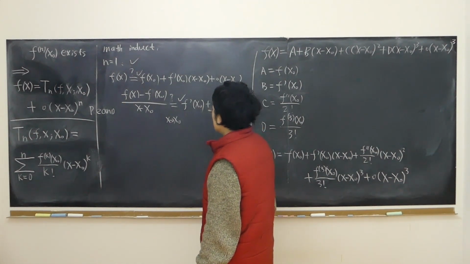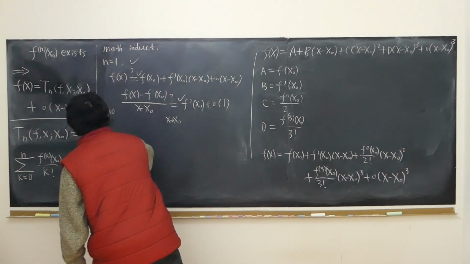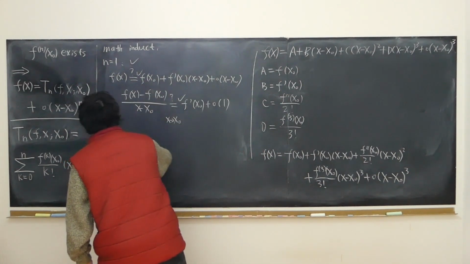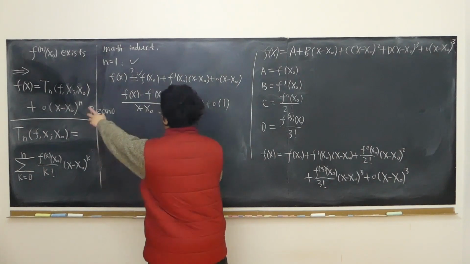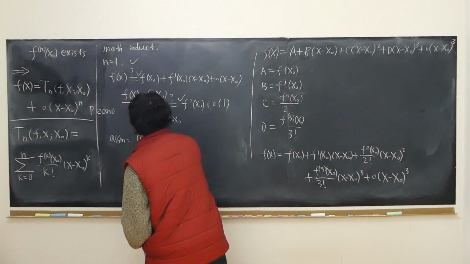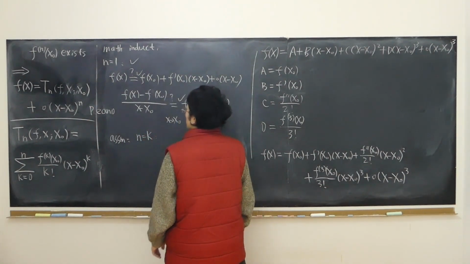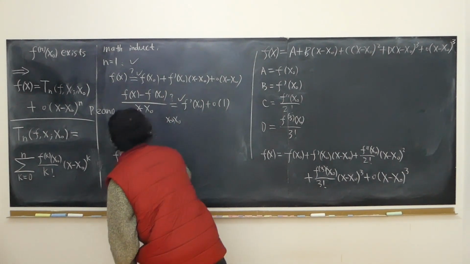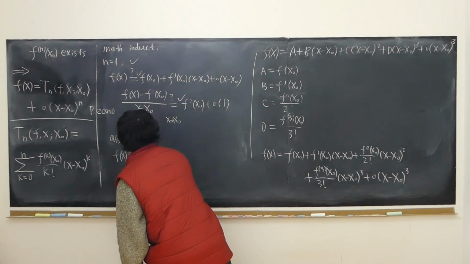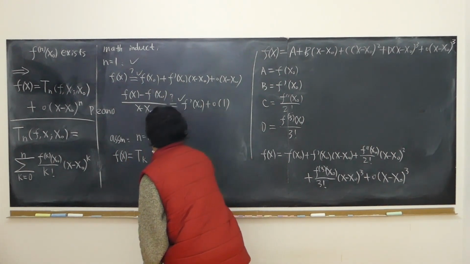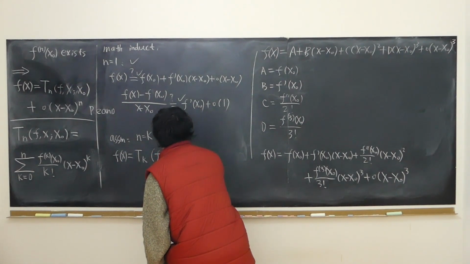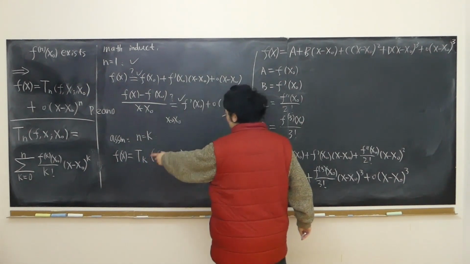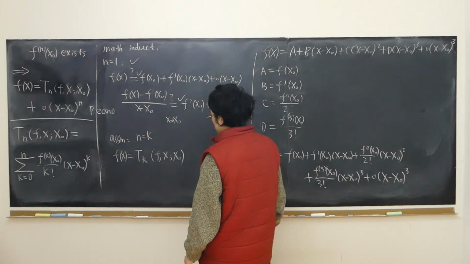How about this: let's assume that this is true when n equals k. In other words, f of x can be written as T sub k of f at x0, because the Taylor series only has to do three things.